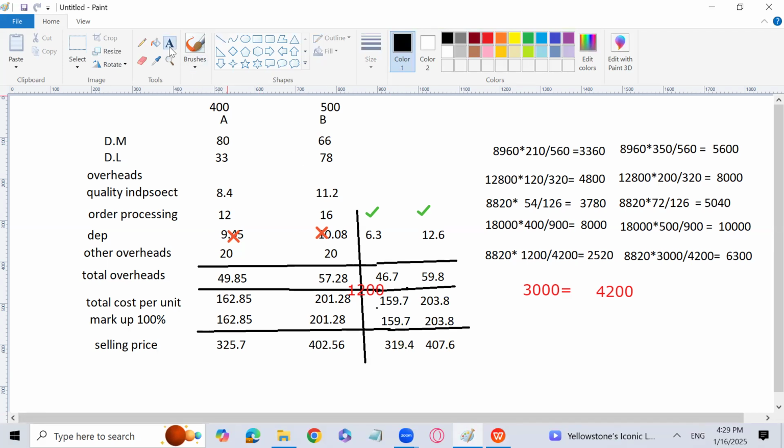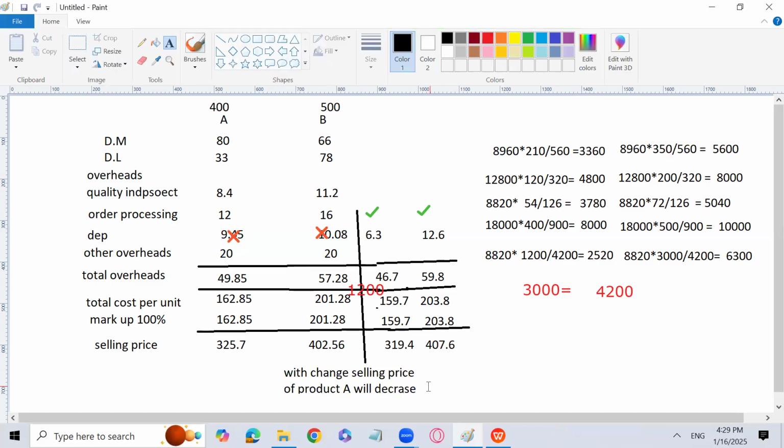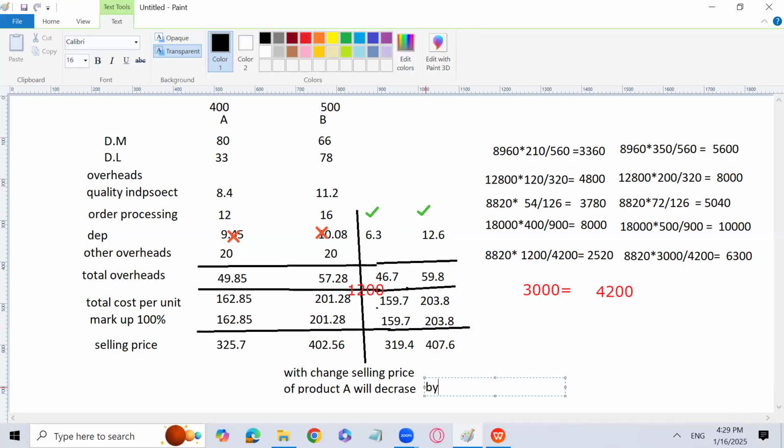So I can write that the selling price of product A will decrease by 6.3.